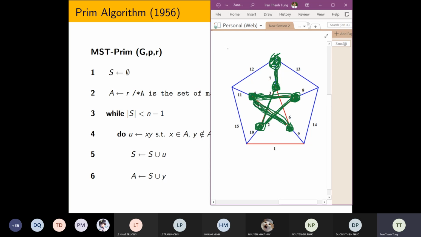Now what we have, our options will be 12, 11, 10, 9, without 6, because the 2 ends of that edge are in the set already. We will skip it. Then 8, 13. So we will take 9. Sorry, it's not 9, it should be 8. 8 is the smallest one here.